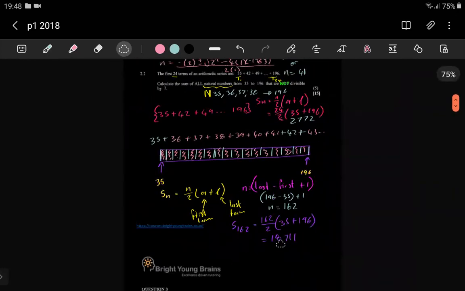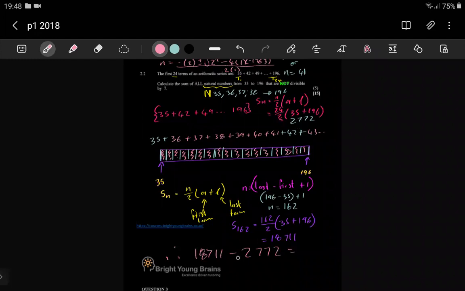So you see, this is the sum of absolutely everything. This is the sum of the ones that are divisible by 7. So the sum of the ones that are not divisible by 7 is going to be 18,711 minus 2,772. And then let's see what that would be.